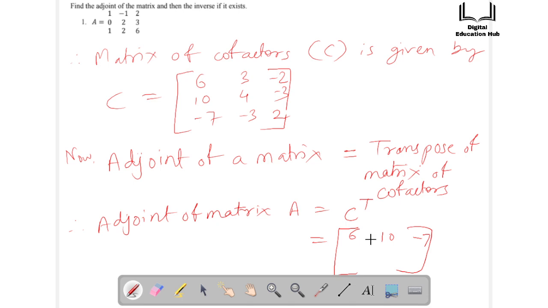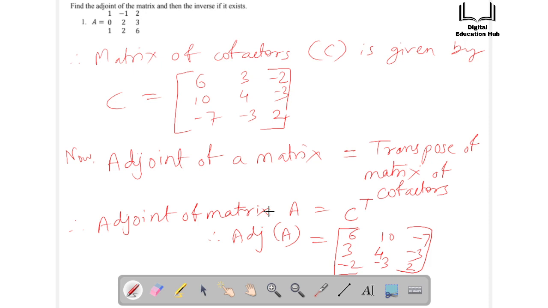Then the next row would be 3, 4, minus 3, and then minus 2, minus 3 and 2. So this is the adjoint matrix, written as ADJ of A. We can use this adjoint matrix to find the inverse of the matrix.